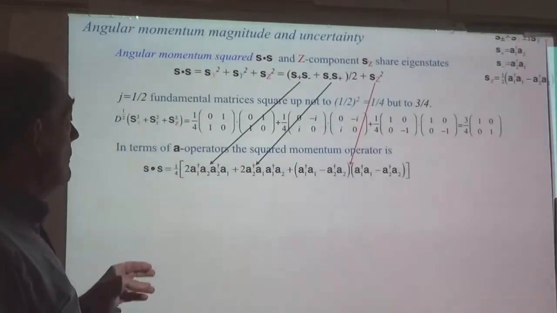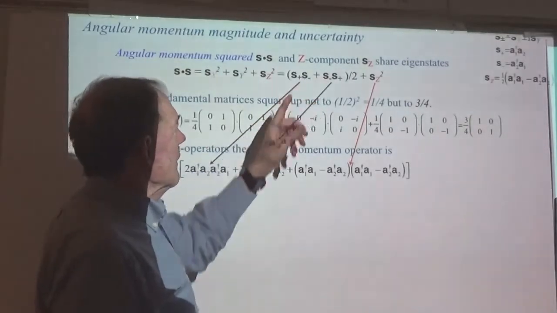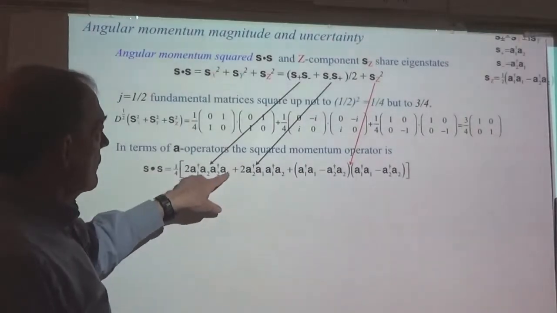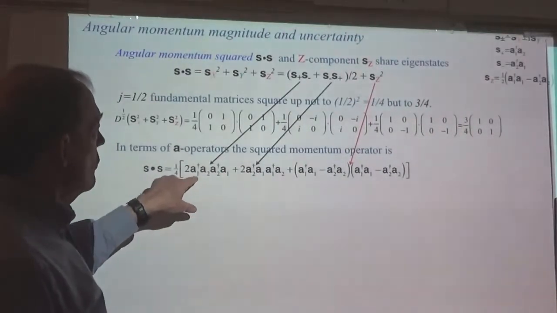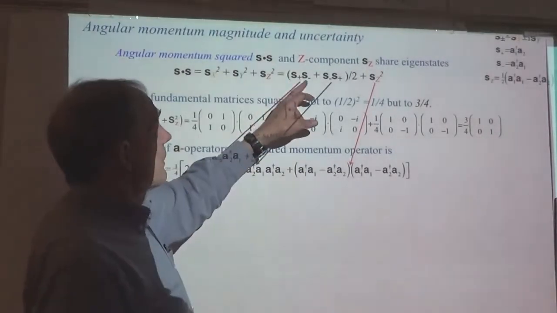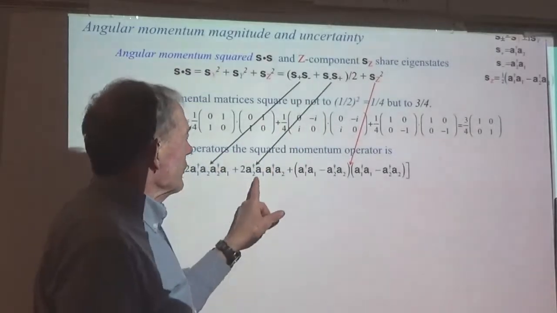So here I'm replacing the s plus and the s minus with their creation destruction operator equivalents. There's 1, 2, and there's 2, 1 for s plus and s minus, and we do it again here with them reversed.